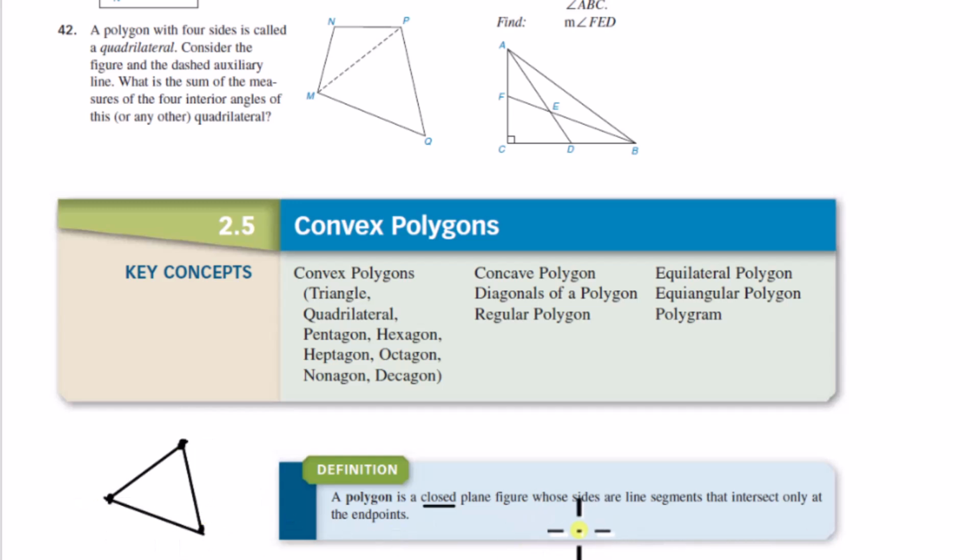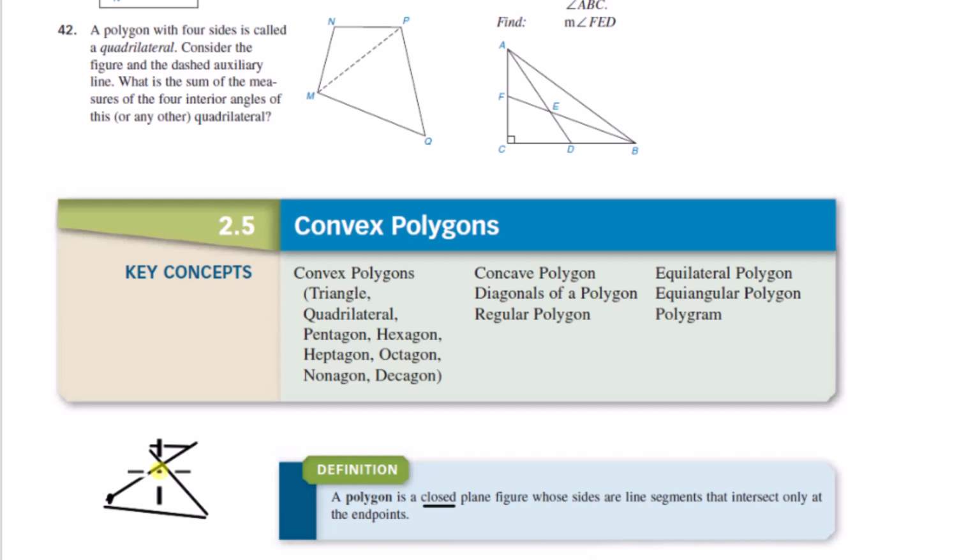Okay, and it has sides that are line segments, right? And these line segments intersect only at the endpoints. So it wasn't like we had something like this. I would say that's closed. It kind of has two sections, but overall it's closed. But the line segments don't intersect only at the endpoints. Here's another intersection, right?